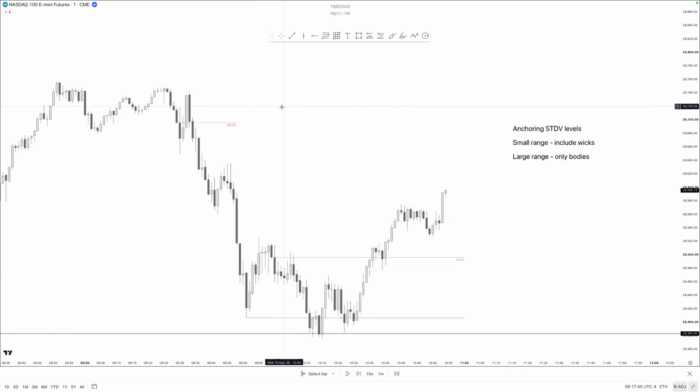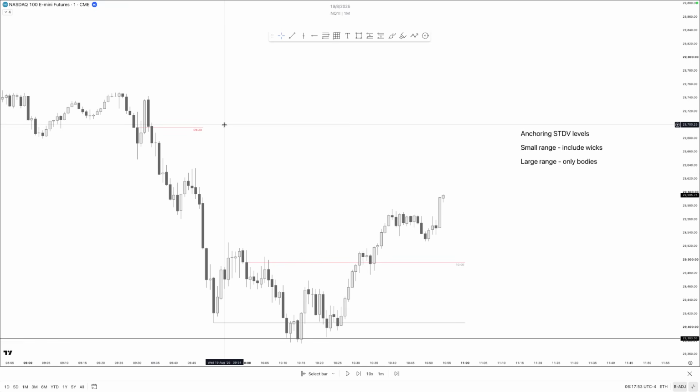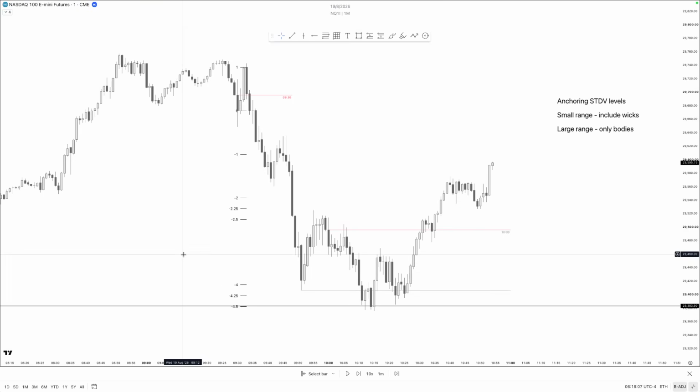So from my experience, I'm going to read this as a large range, which means I'm only going to take the bodies of this range to project my standard deviation. So we take it right here from body to body, high to low when bullish, and I'm going to anchor it right there to target these max expansions down here, right?